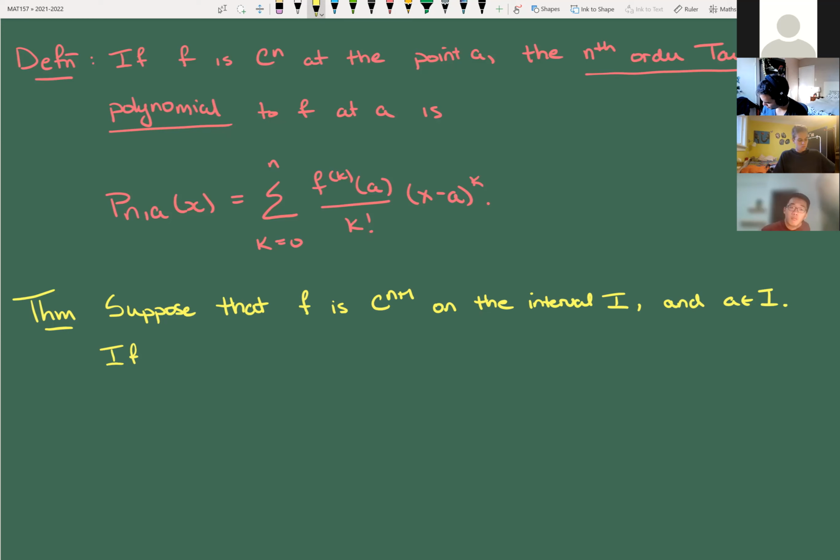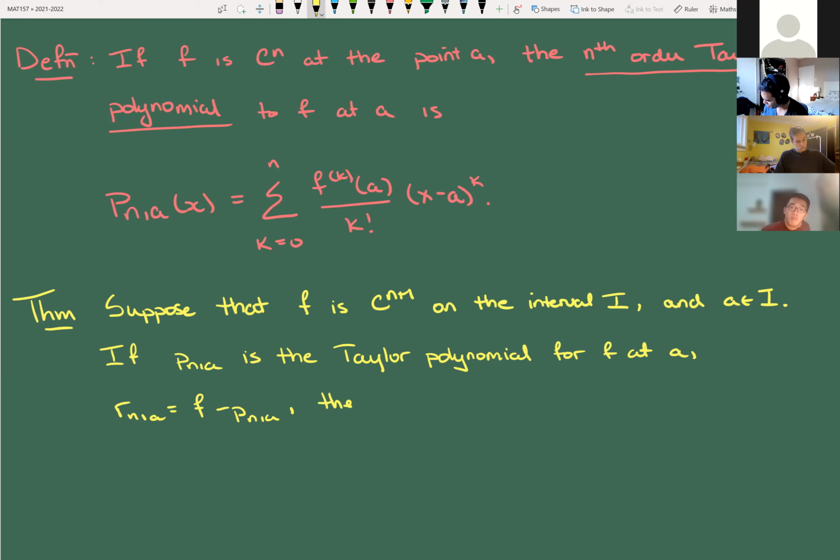So if P_n,a is the Taylor polynomial for f at a, R_n,a is the remainder, then for all x in I, there exists some c between a and x.